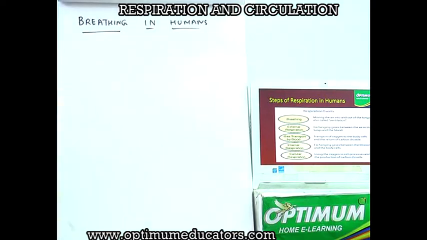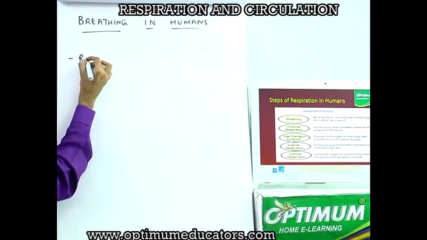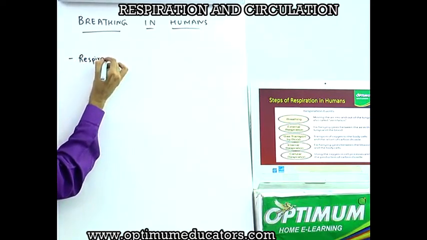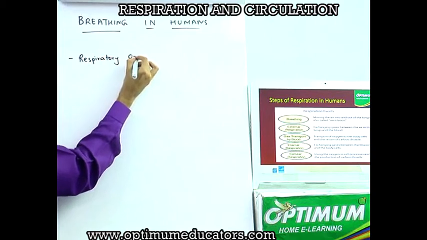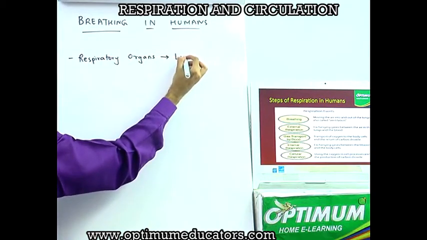And breathing in human beings is about getting the air from the environment into the human body, for which you require certain respiratory organs. And the respiratory organs in humans are lungs.